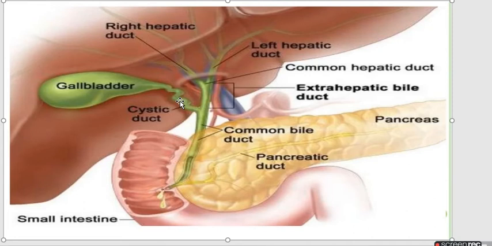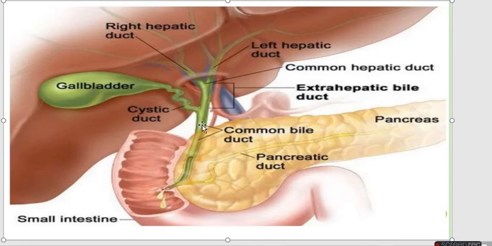When the inflammation is reduced, the stone comes back into the gallbladder, and then after 3 to 4 weeks we electively do the operation.